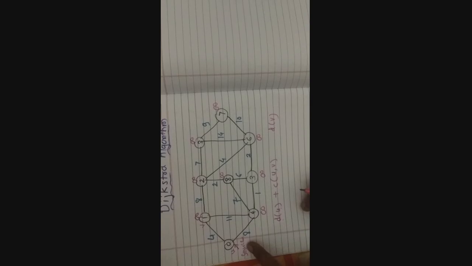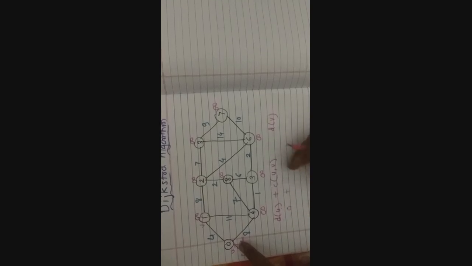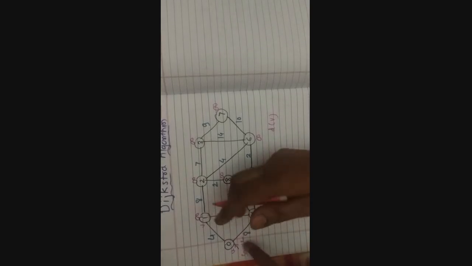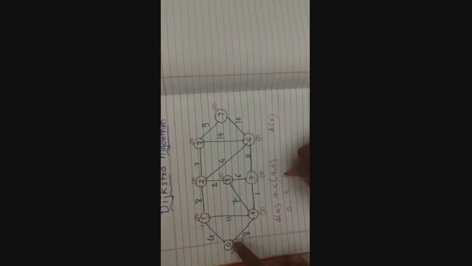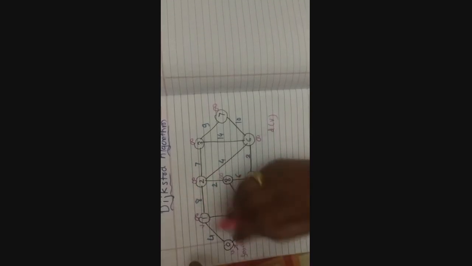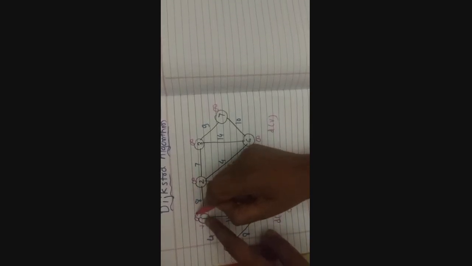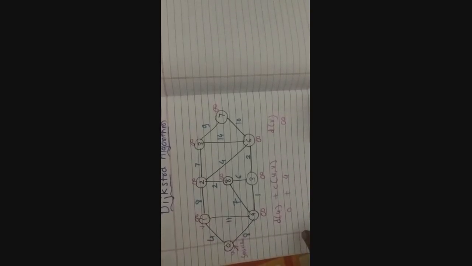The distance of the source from itself is 0, so distance of u is 0. Then plus the cost of u to v, which is the edge weight 4. And distance of v, for this v which is 1, is infinity. So 0 plus 4 is 4, and this is infinity.